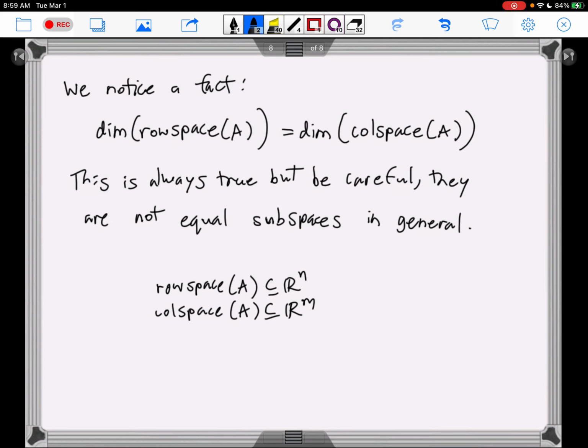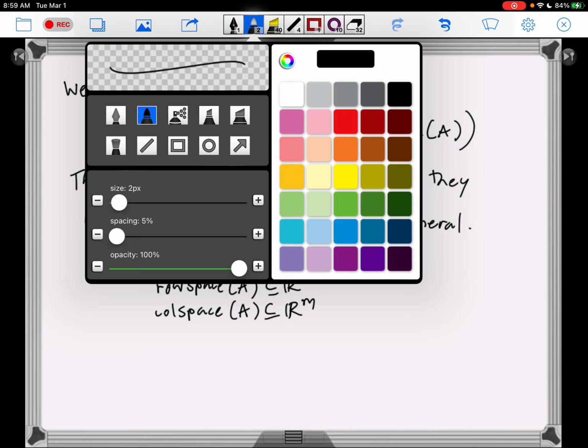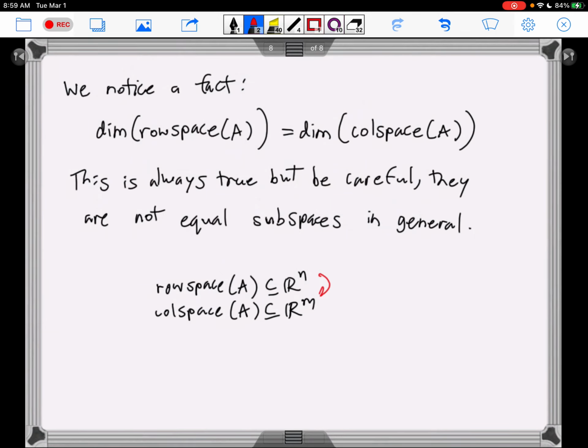Okay, so these are not quite equal, obviously, because these guys may be different. So even though these guys are the same dimension, they live inside of different spaces, so they're not exactly equal subspaces. Same dimension, but not equal subspaces.